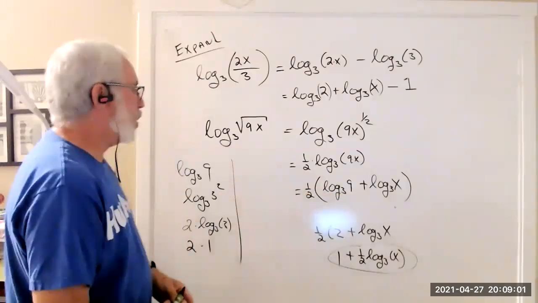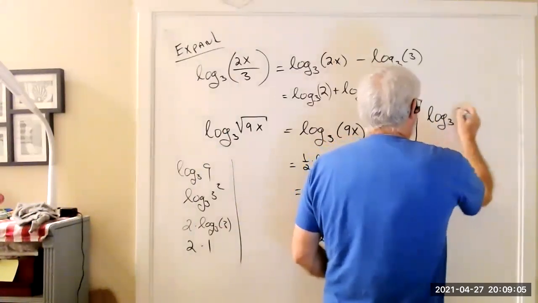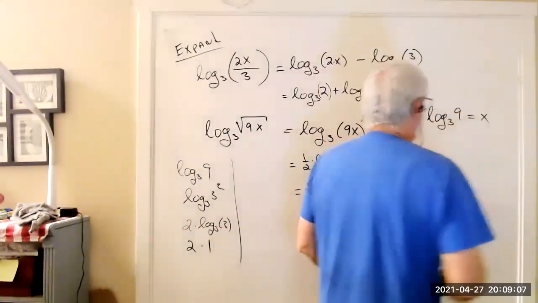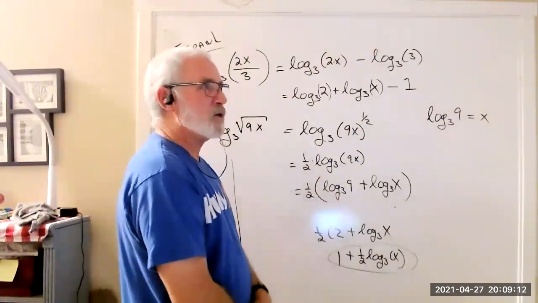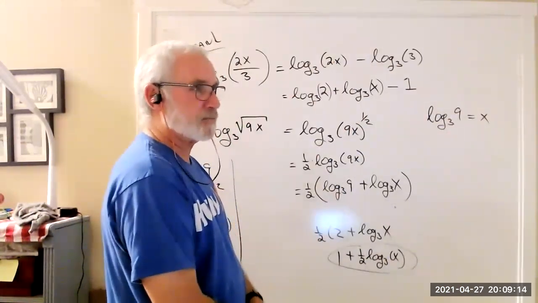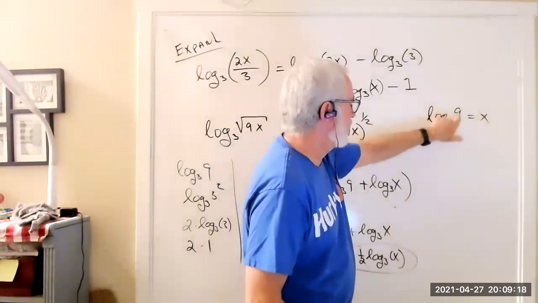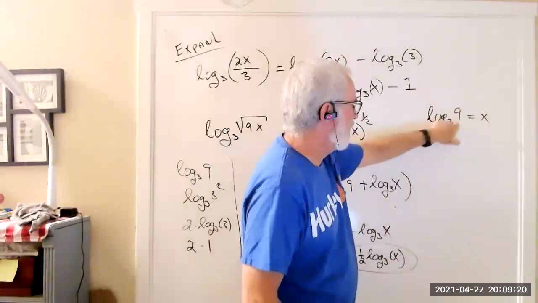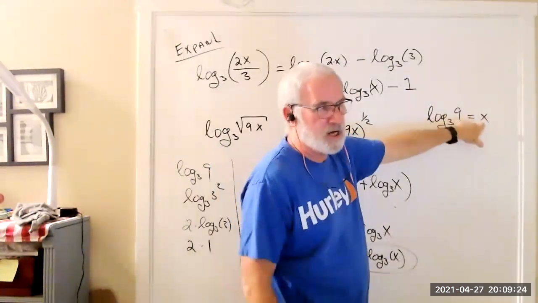An alternate way of attacking this problem, and you'll see a lot of instructors do this. They'll say, I know it's something, I'm not sure. So they'll make it into an equation where X is the answer. They'll say, I don't know about that, but log base 3 of 9 is worth something. So X is its answer.